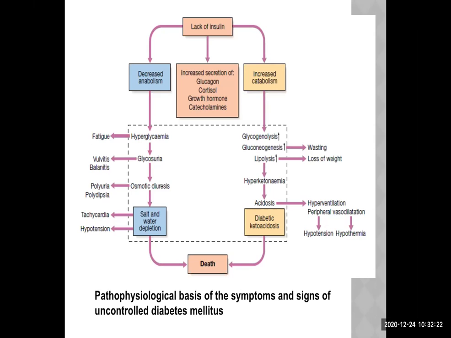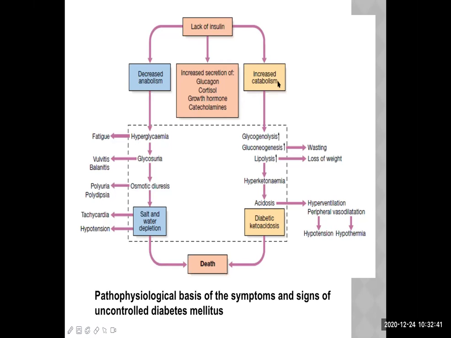Now let's come to the slide here. So there's lack of insulin. Because of this, there is decreased anabolism. There is increased secretion of counter-regulatory hormones. Look at the names: glucagon, cortisol, growth hormone, and catecholamine. And there is increased catabolism.